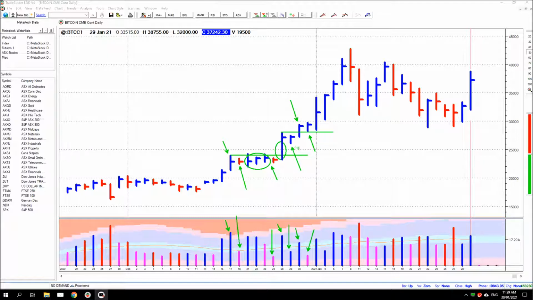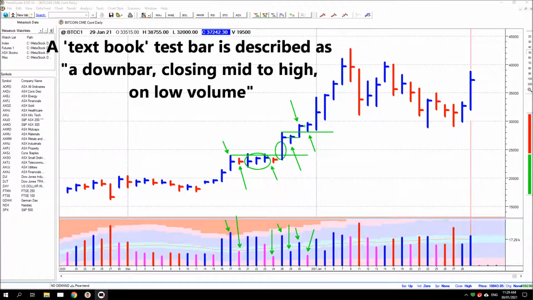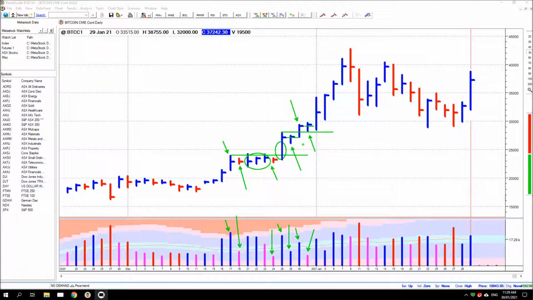Now both these test bars actually closed as very slight up bars, but you can see that the majority of their trading was as a down bar, was below the previous close. And the market has tested, it's found very little supply drawn out, very little selling pressure, and that's allowed price to close back up high, and in this case, just slightly as an up bar. But in both cases, it was really a test of the market for supply.